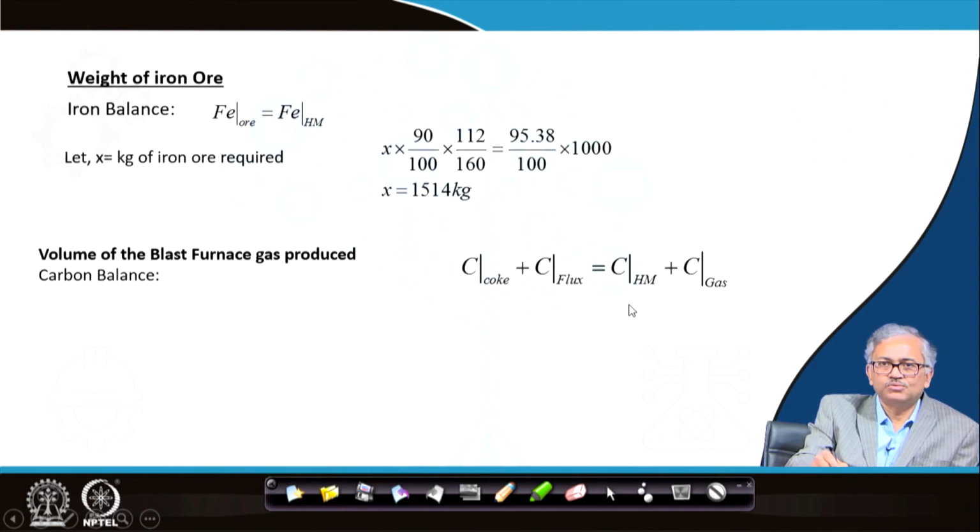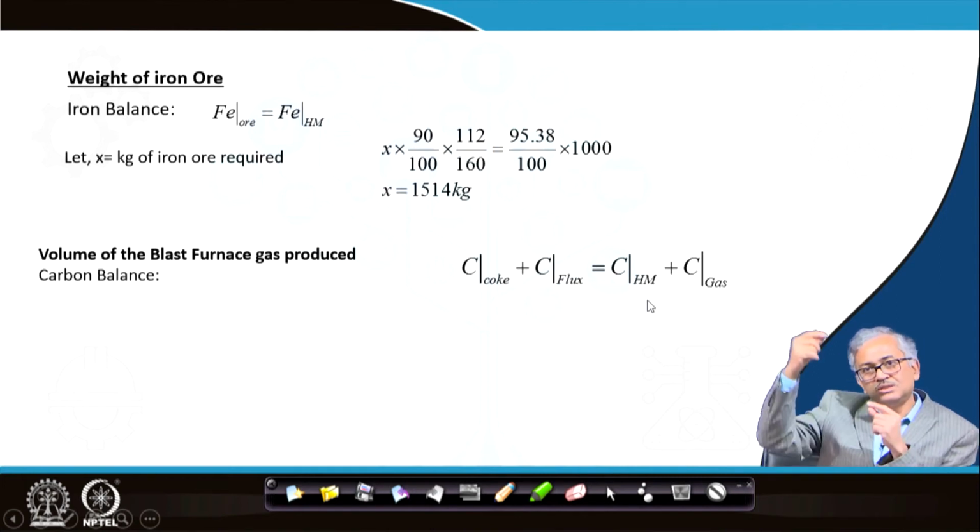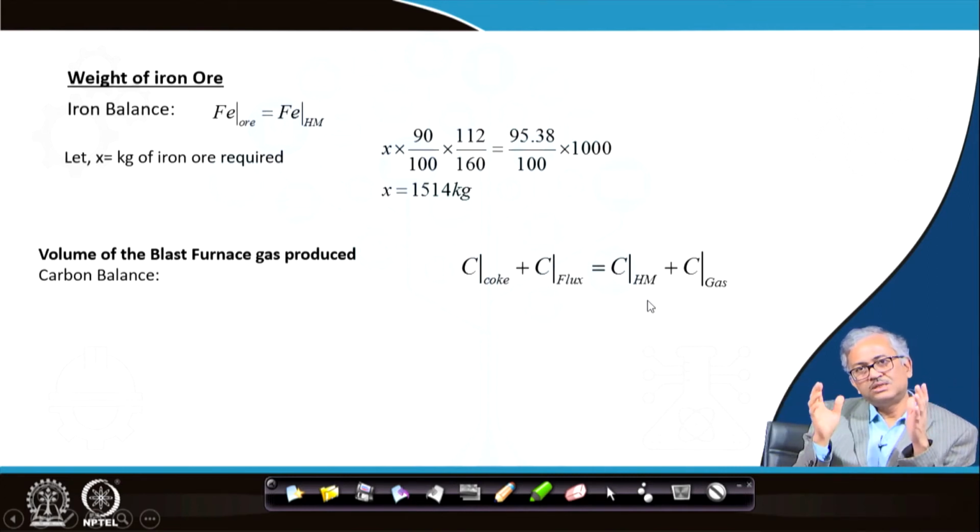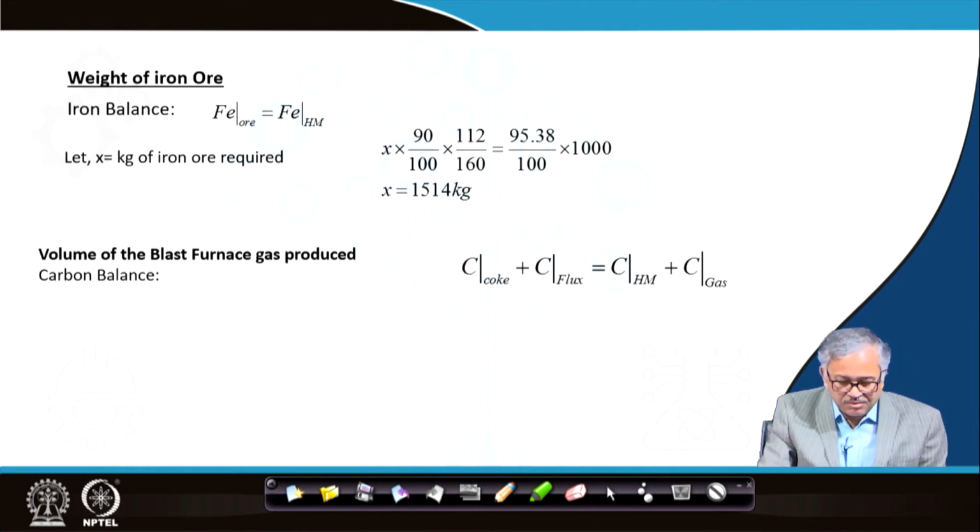Hot metal has some 4% carbon, right. So, if we can make this balance, then I can know how much carbon is leaving through the gas, that is, how many moles of carbon are leaving through the gas. Since I know the volume percentage of CO in the CO-CO2 mixture, I can know how the carbon will be partitioned between CO and CO2, and then I can know how many moles of CO and CO2 will be produced. So, that is the thing I am going to do.